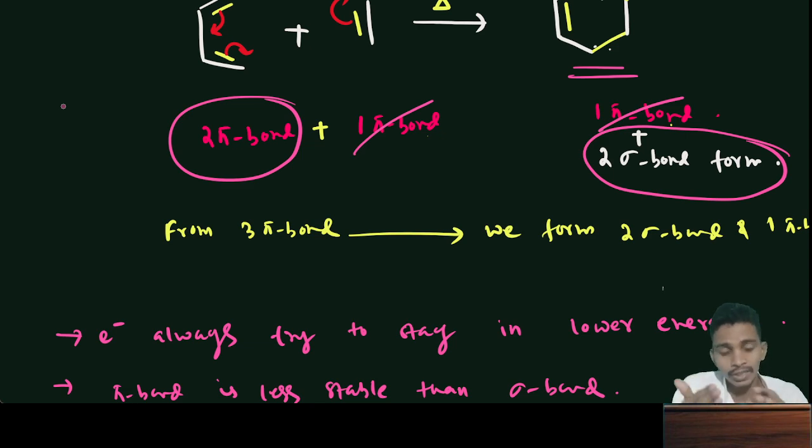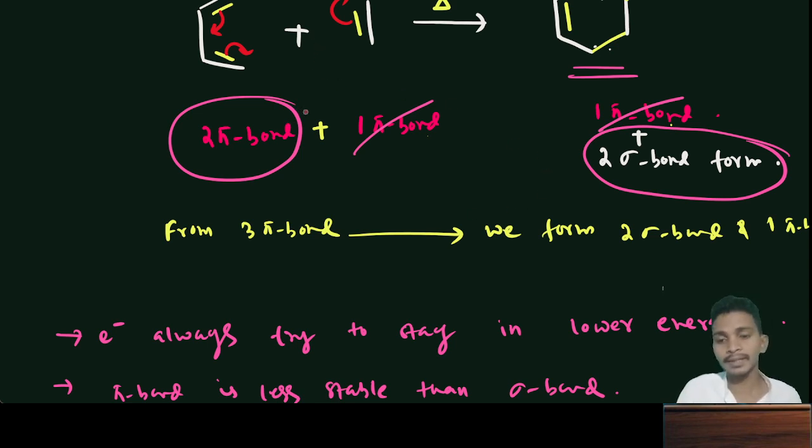They are very interested in going to low energy. So if you give a little heat, they will do the reactions. That is the main concept used in pericyclic reactions.